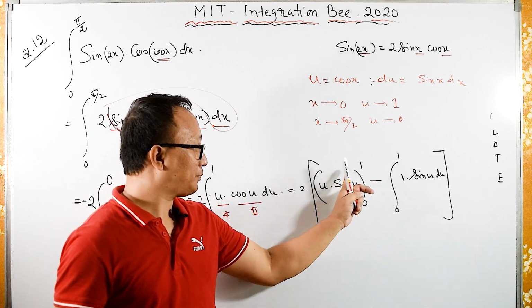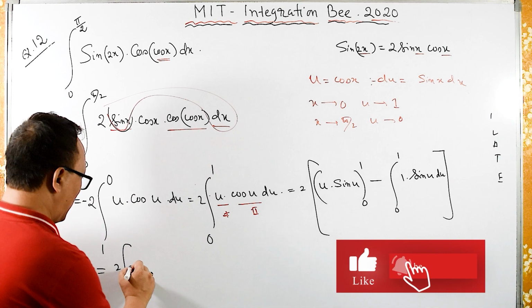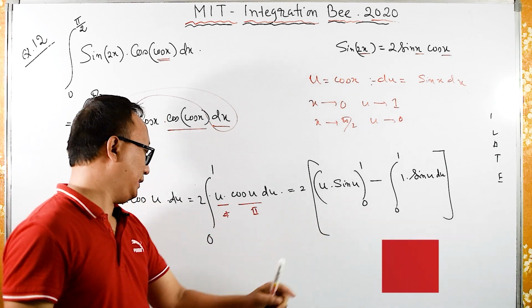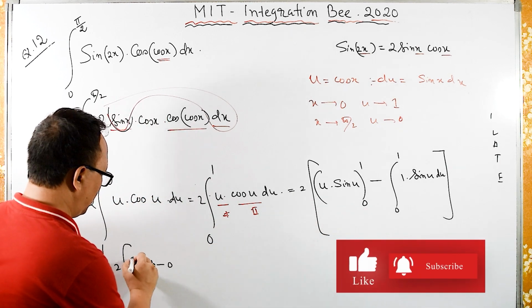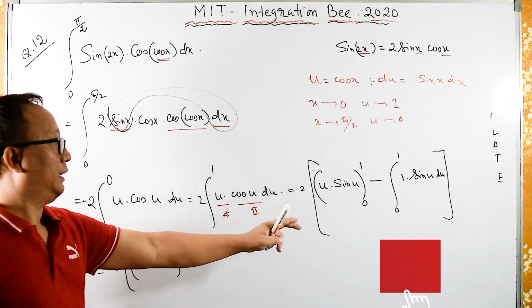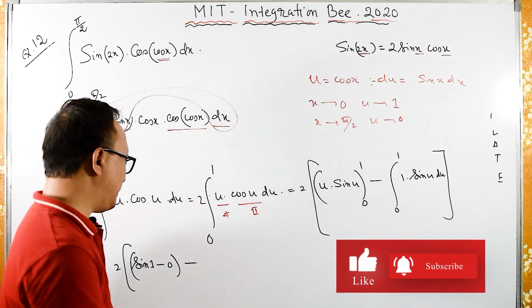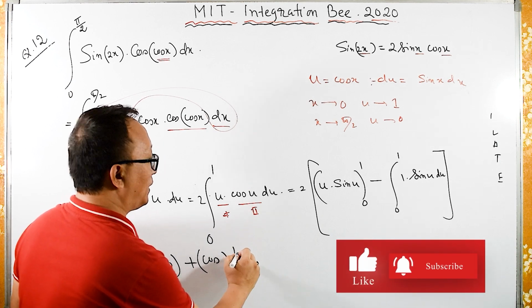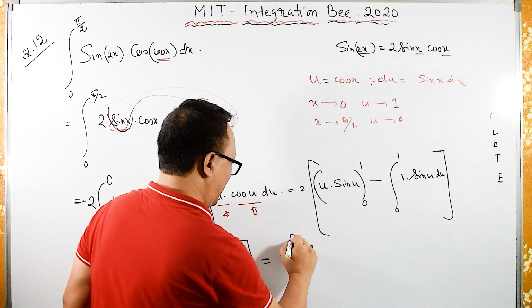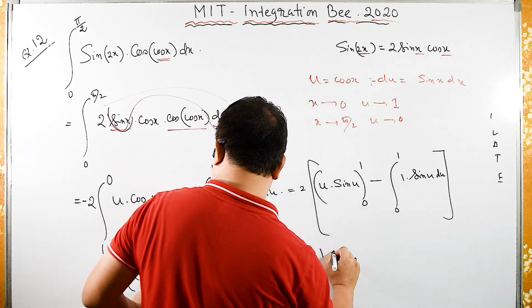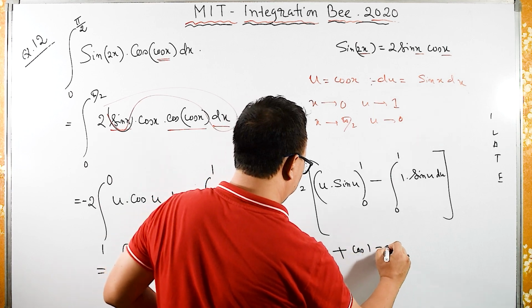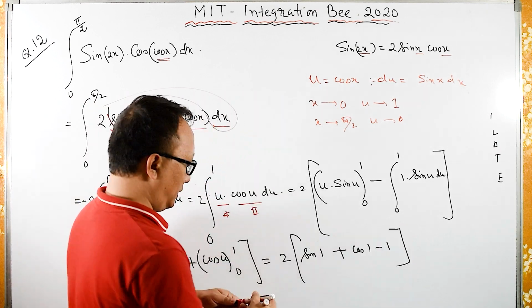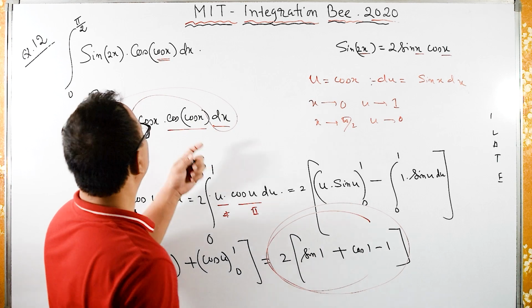Here 1 into sine 1 is sine of 1, minus also 0, everything becomes 0, minus 0, minus integration of sine is minus cos, so minus plus cos, limit is from 0 to 1, is equals to twice we have sine 1 plus cos of 1 minus cos of 0. Cos 0 is 1, so here we have 1. So this is the required answer for this.